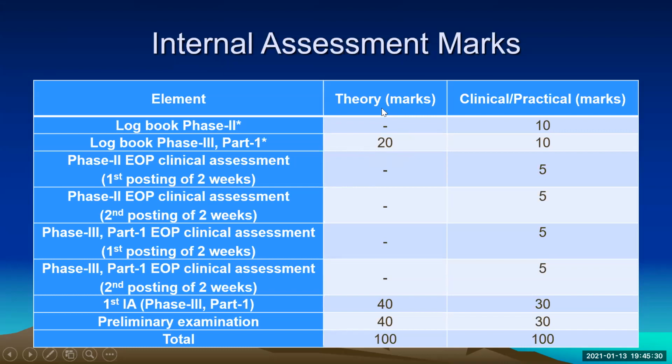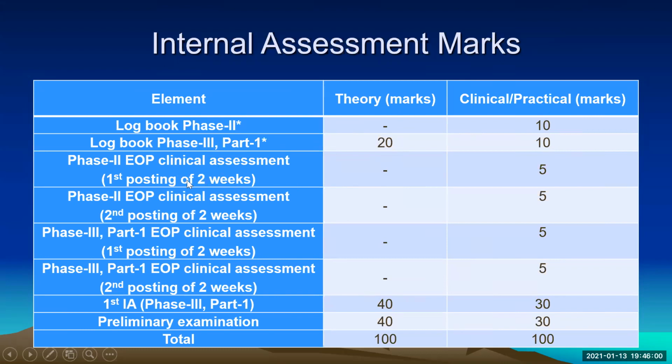As I told you, it constitutes 20% marks, and I have distributed it as 10 plus 10, because clinics will be in phase 2 also and phase 3 part 1 also. Theory exam, if you want, we can take, but as such, in second MBBS we do not take theory exams. So regarding theory day-to-day assessment, all the 20 marks will be for the logbook in phase 3 part 1.